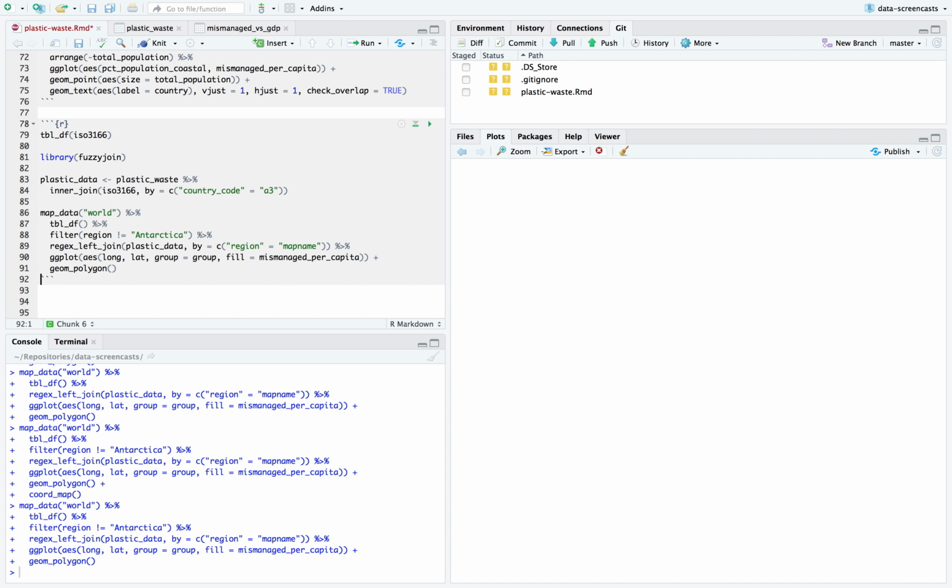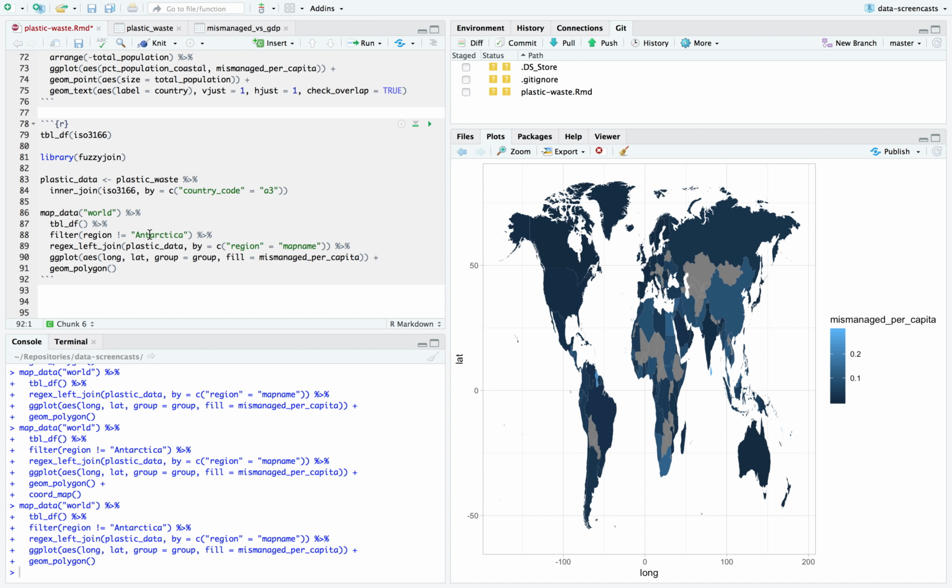I think that has something to do with a country that crosses over the international date line, which would be out here at 180 degrees, and apparently the coord map doesn't handle that well.